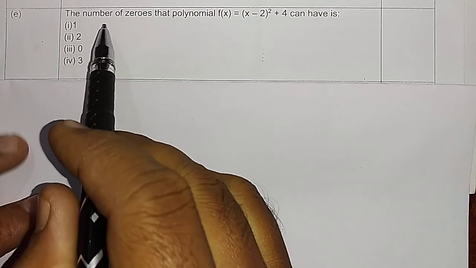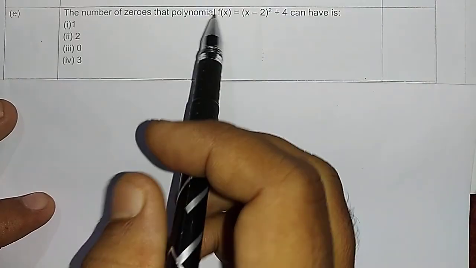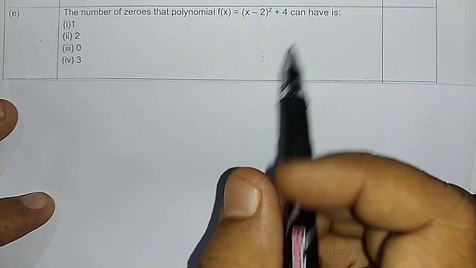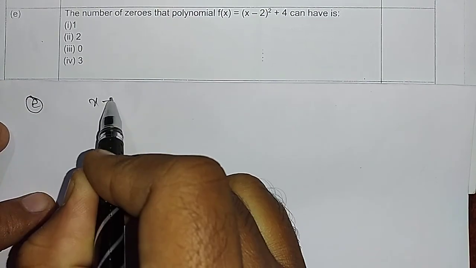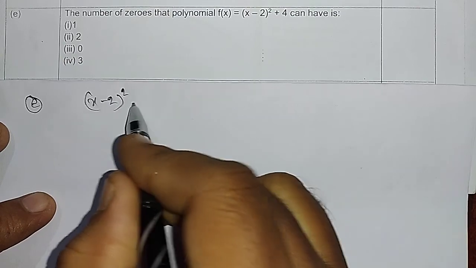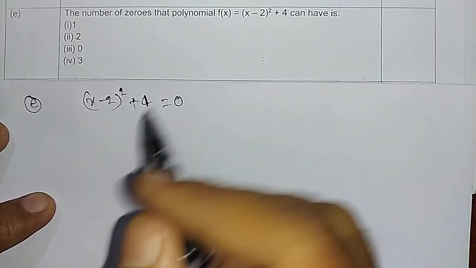Now question number E: the number of zeros that the polynomial f(x) equal to (x minus 2) whole square plus 4 can have. So we have to solve this to get the number of zeros. As you know, if we want to obtain the zeros, we have to equate this equation with 0.